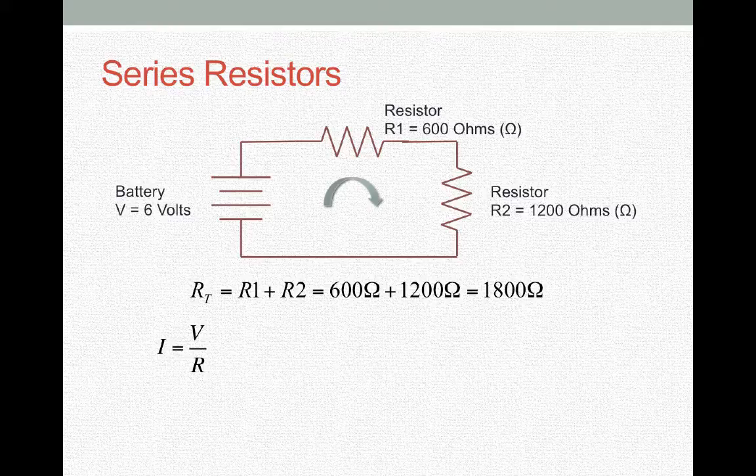Now to calculate the current through the circuit, we know our voltage applied is 6 volts, so the voltage drop across the two resistors has to equal 6 volts. So current is equal to 6 volts divided by the total of the two resistors, 1800 ohms, which gives us 3.3 milliamps.